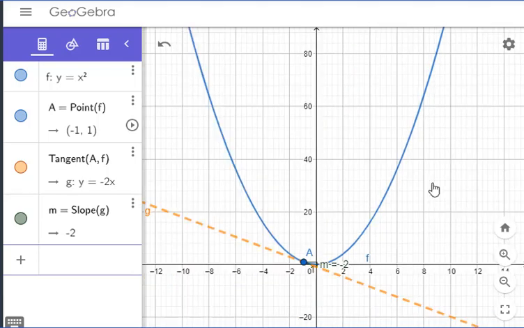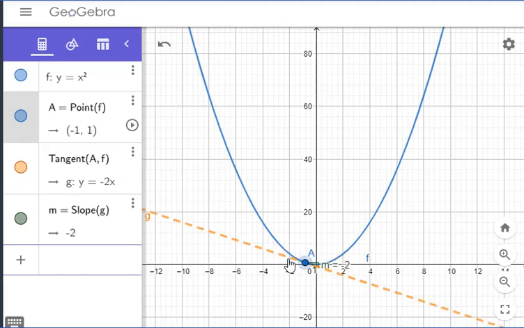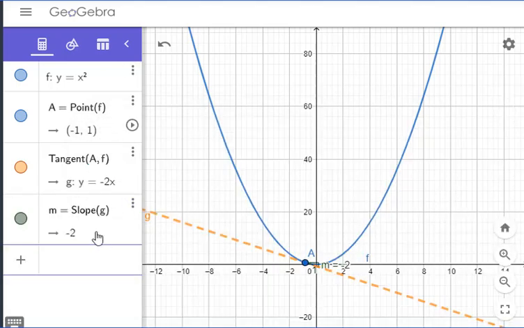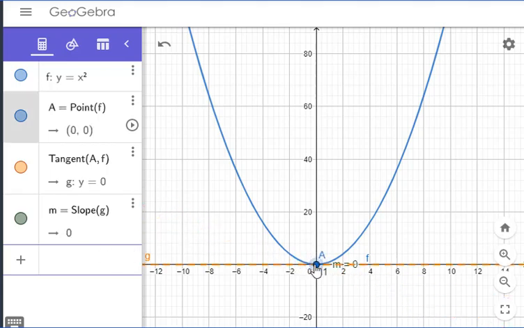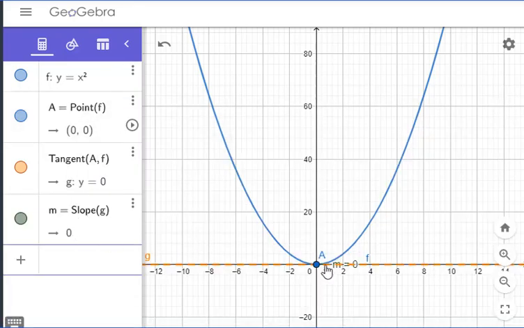Zooming in will make it easier to locate this (negative 1, 1). Then the slope of the tangent line at x equals negative 1 is negative 2. When x equals 0, the slope of the tangent line equals 0.